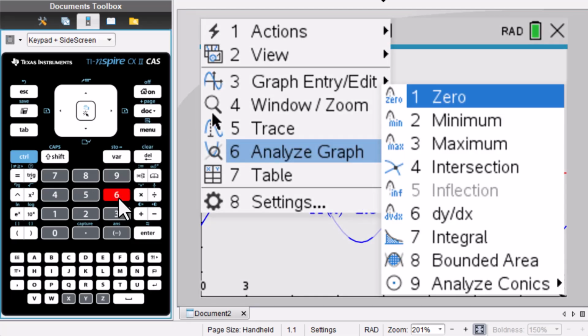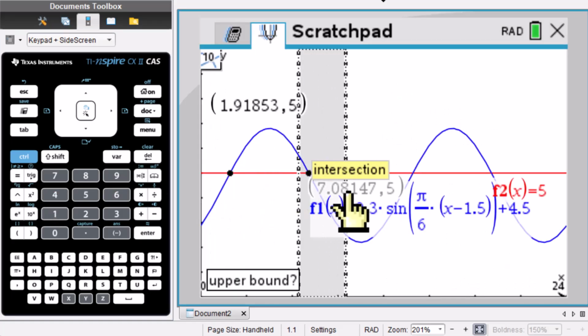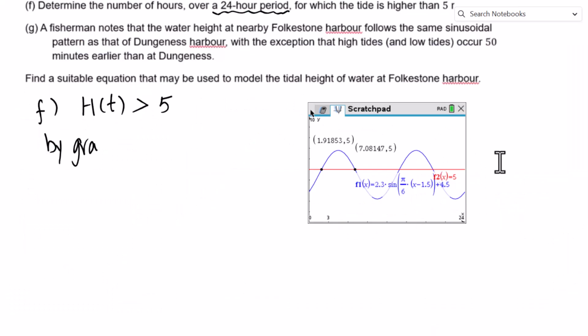The horizontal distance between these two intersections, then times 2 will be the solution. By graphing, we got these two intersections.